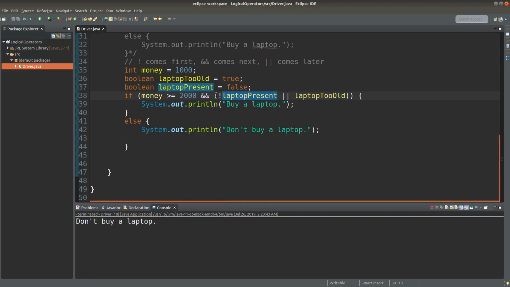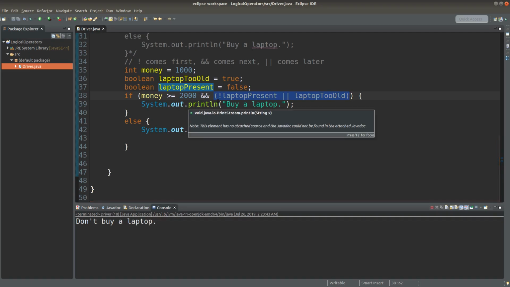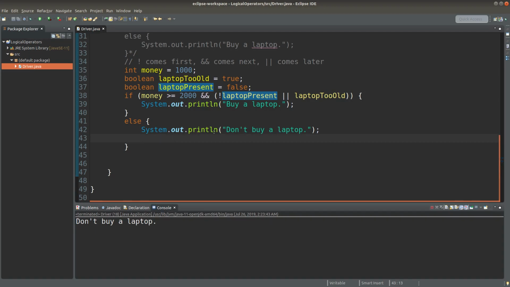False and true here, I will still get false, because in order to make the AND statement satisfied, all the components joined by the AND operators have to be true. So in this case, false and true means false, so I will get the else part instead of the if part.